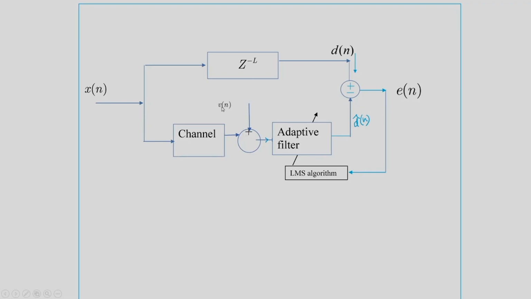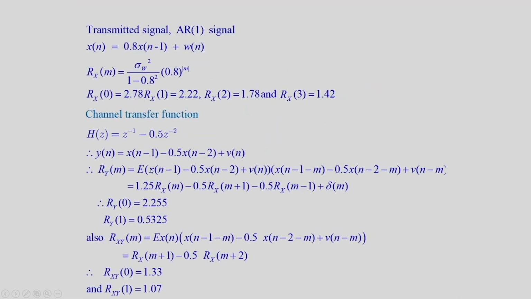There is addition of Gaussian noise and the output is y[n], and this is filtered by the adaptive filter of length 2. The estimated signal is d hat[n], and the corresponding error is sent to the LMS algorithm for updating the filter coefficients. Let us solve the problem.